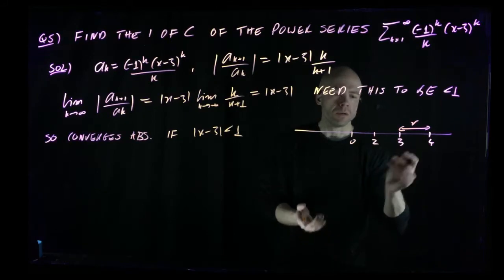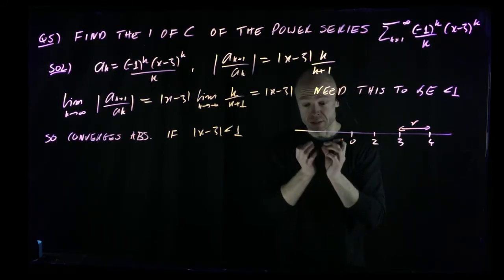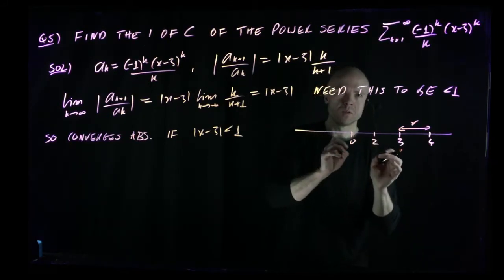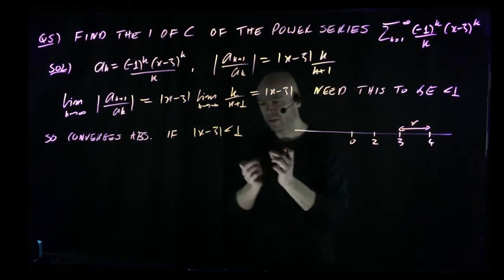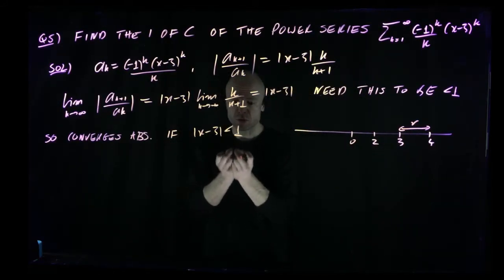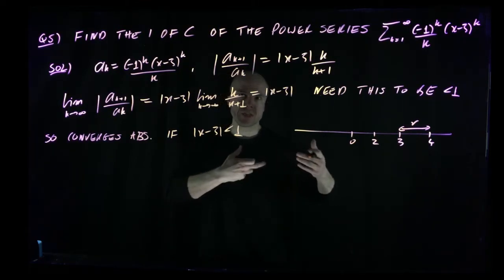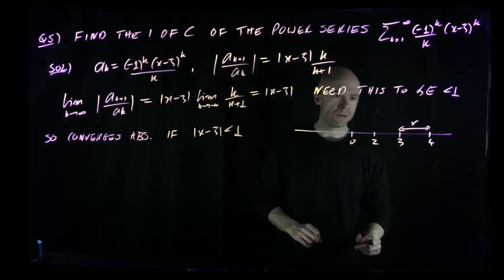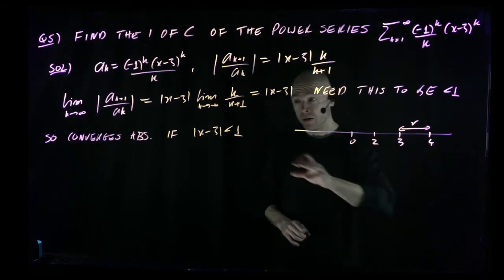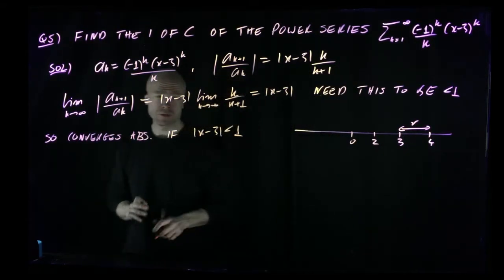So think of a as the center and r as the radius. A ball of radius r on the real line is just a minus r to a plus r. That's why the word radius comes in here. So the radius of convergence is 1, we see from this.